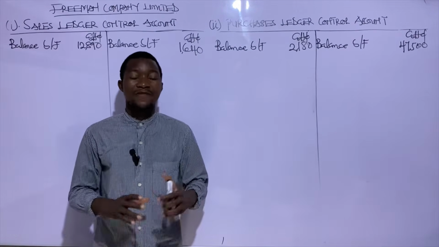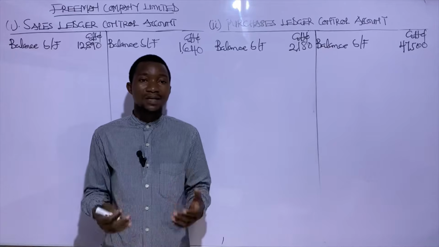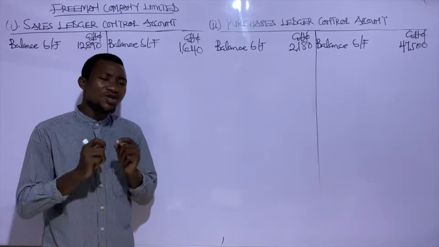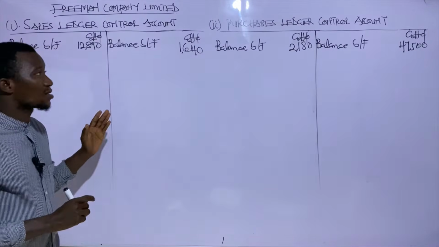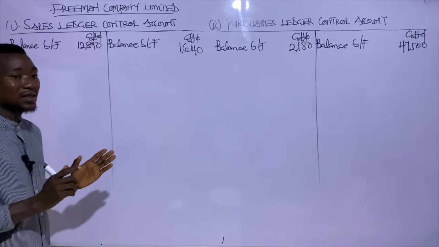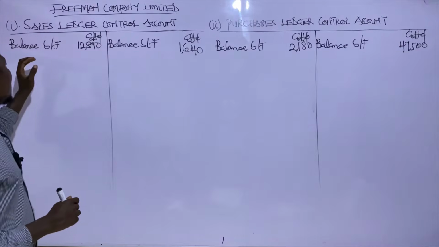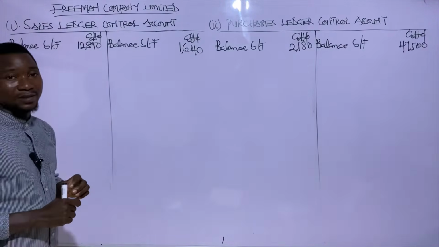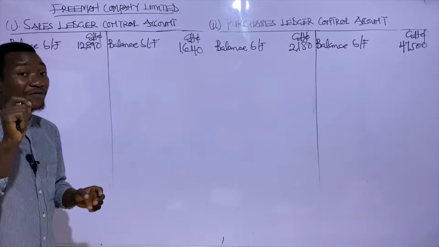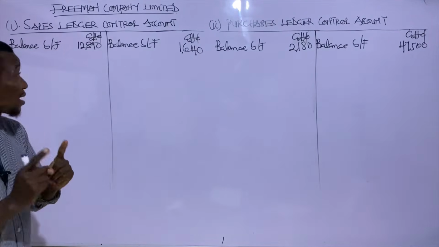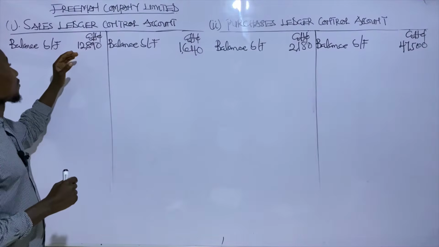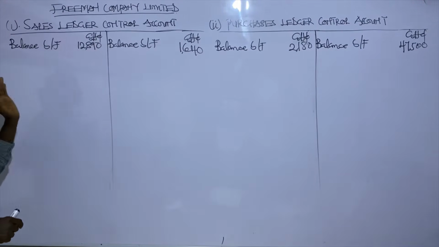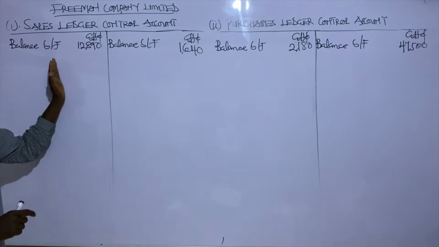Recording the opening balance is very simple. Wherever the question tells you that the balance should be recorded, you record it over there. But sometimes they will give you one balance without telling you where you should record it. They will say opening balance of sales ledger. They will give you the amount, but you have to know that the sales ledger performs the function of a total debtors account, and debtors has a natural debit balance, so you record it at the debit side.